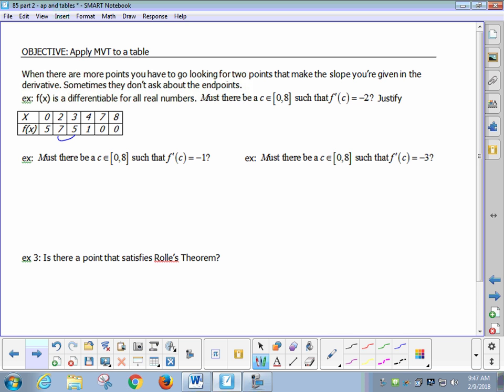So that works. So you could say f is continuous and differentiable. So by MVT, there is, by the way, there exists, the symbol for that is a backwards E. There exists a C in 0 to 8 such that f prime at that C equals f at, not 0 to 8, sorry.